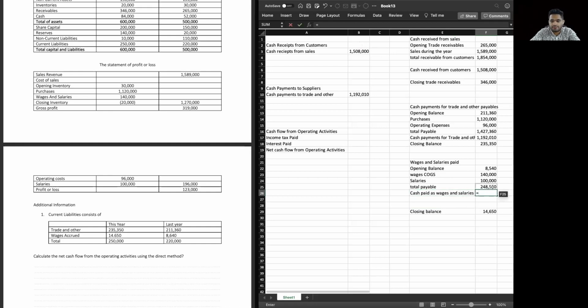So 248,540 minus 14,650, 233,890 is going to be the cash paid as wages and salaries. So cash payment for wages and salaries is going to be 233,890.